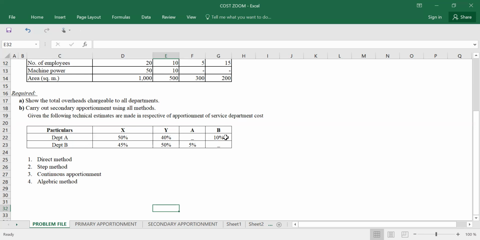We do not do inter-service apportioning. So for the direct method, these percentages in A and B are going to be ignored. I repeat, for the direct method, apportioning is only going to be done to production departments. We are going to get the costs of A and B and transfer them to X and Y, without A distributing to B and without B distributing to A. All right, I guess that is understood.